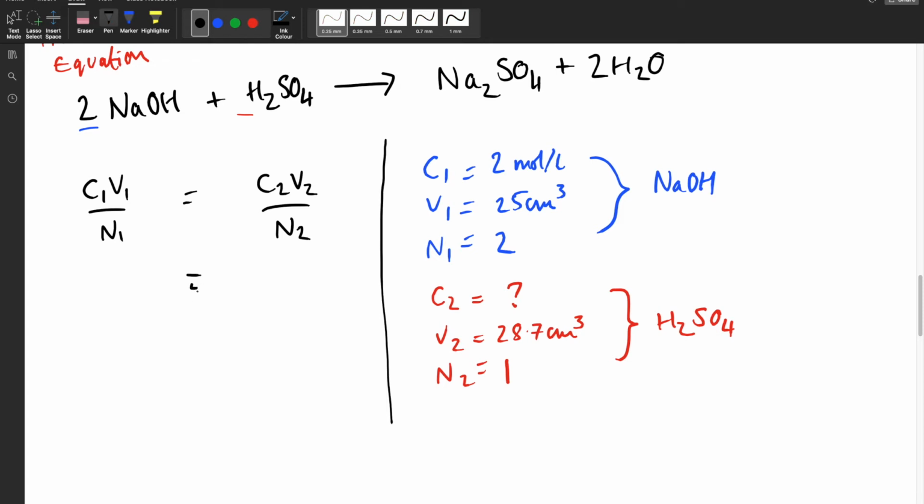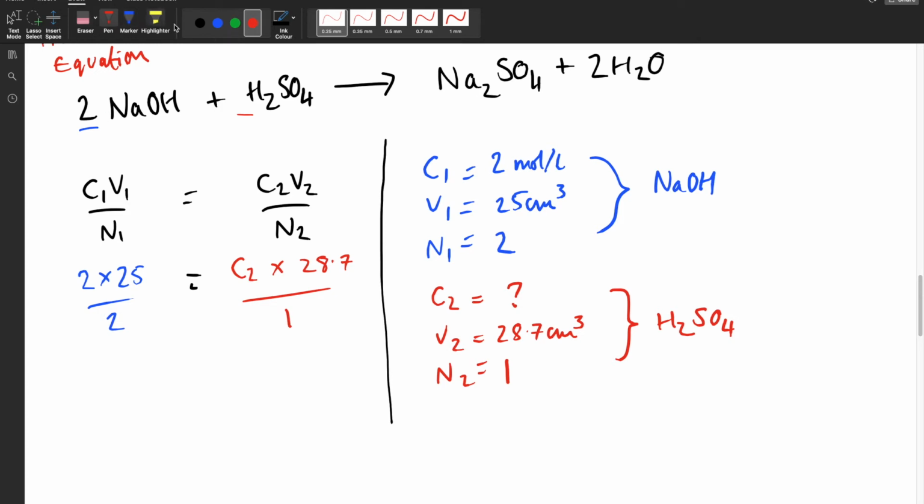So let's put all of these values into this lovely equation here. So C1 is 2, V1 is 25, and N1 is 2. We don't know what our C2 is, so we've just got to put C2 still. We do know our V2 is 28.7, and our N2 is 1.